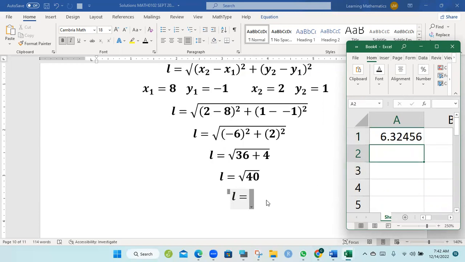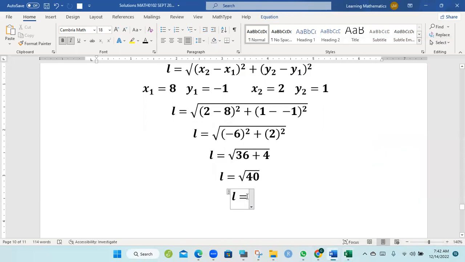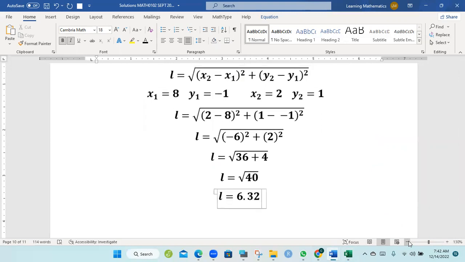And the square root of 40 is about 6.32. You can round off to 2 decimal places. And that will give us the length of the line.